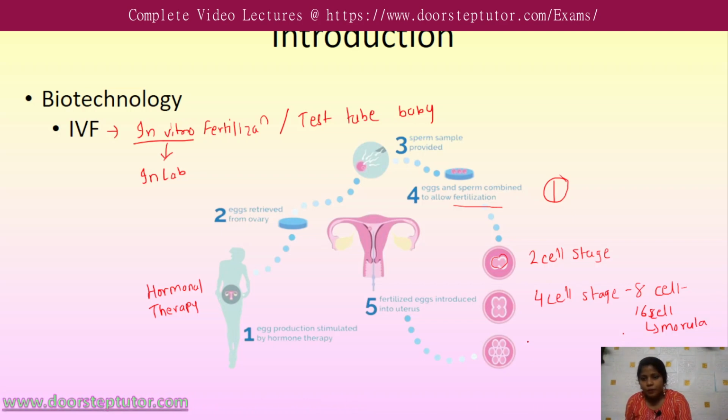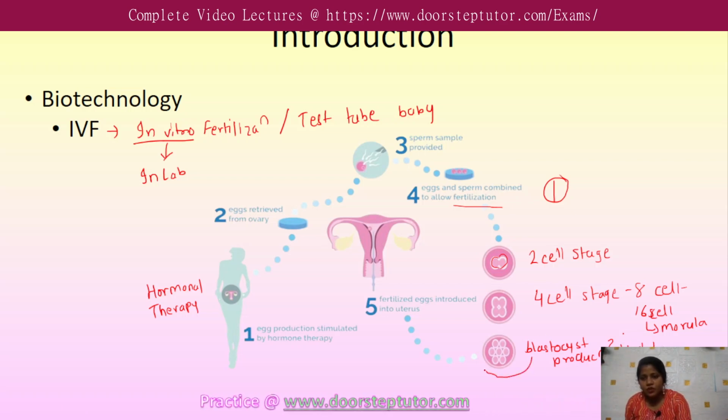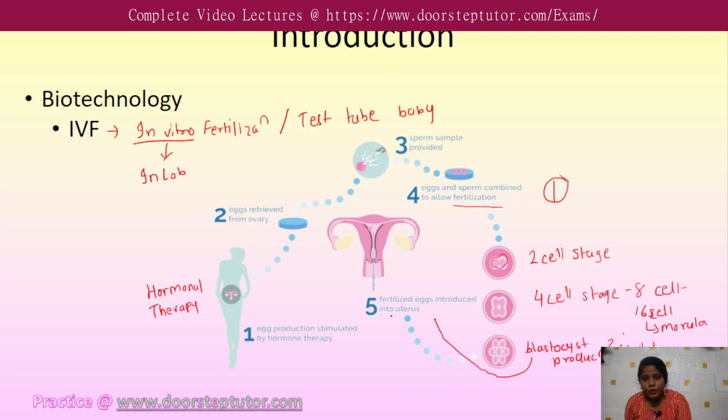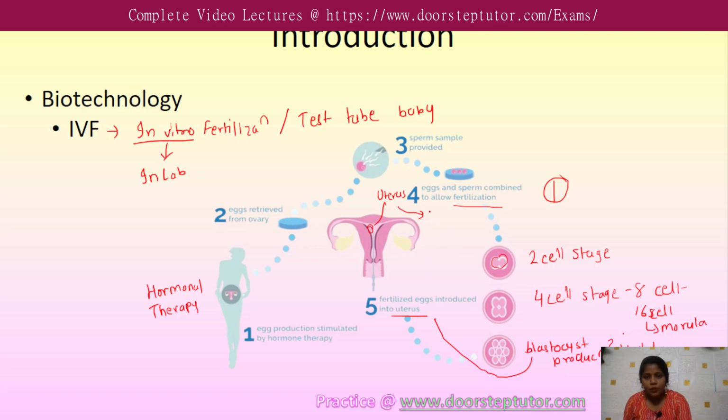After that, the blastocyst production occurs in the blastula stage, and this blastocyst is transferred to the uterus. As you can see over here, this is the uterus, and the blastocyst is implanted into the uterus for the further development of the baby or embryo.